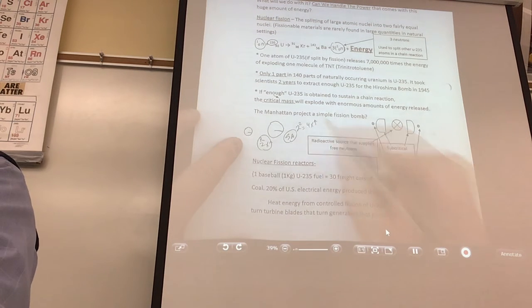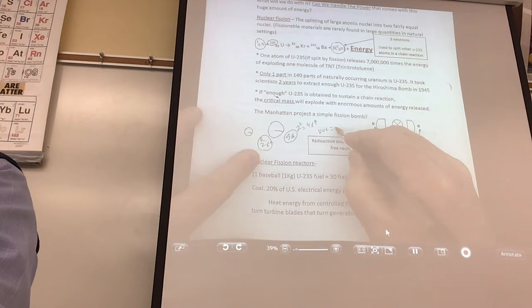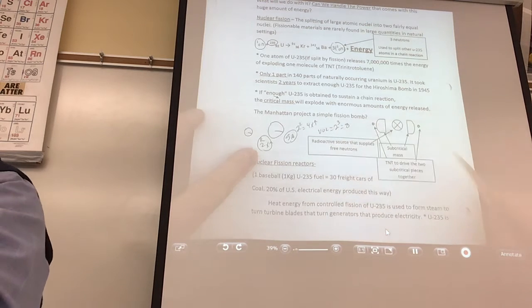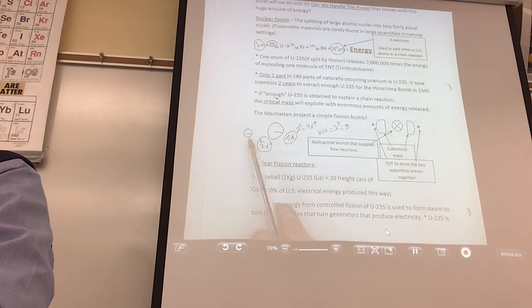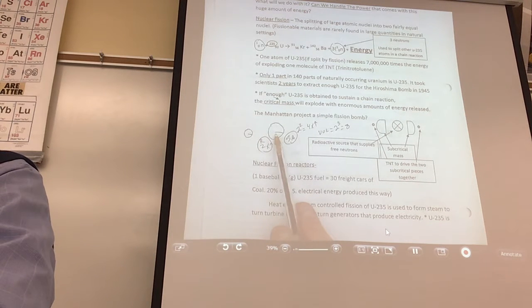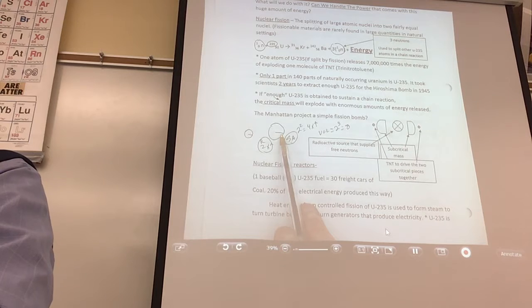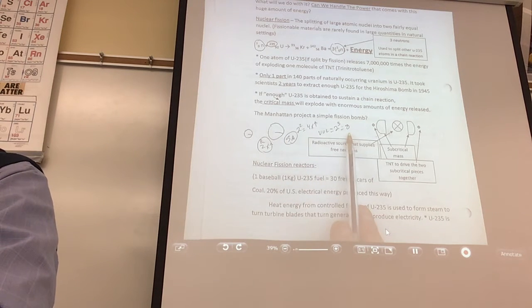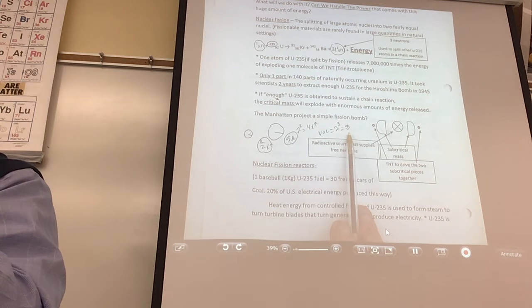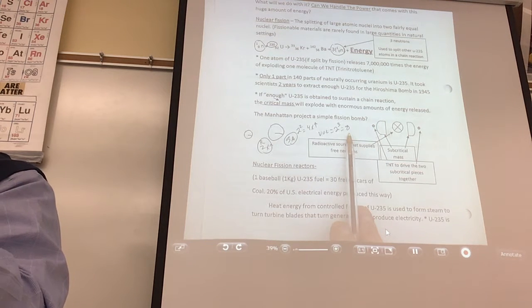And what happens to the volume? Not 2 times bigger, not 2 squared, but 2 cubed. Everybody get that? So if I had a little ball of uranium-235, and then one with twice the radius, it would have 4 times more surface area, but 8 times more stuff in it. So here's the theory.